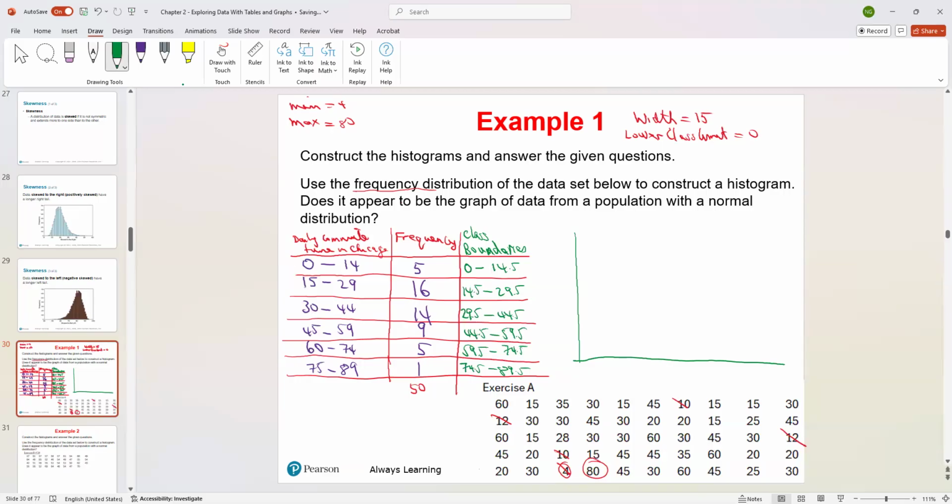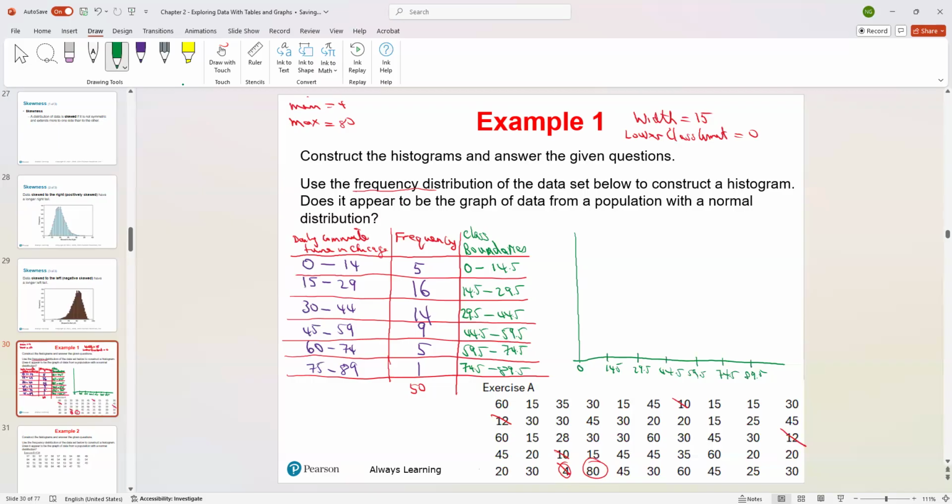So when we start with 0, the next one is going to be 14.5, 29.5, 44.5, 59.5, 74.5, and down here the last one is 89.5.